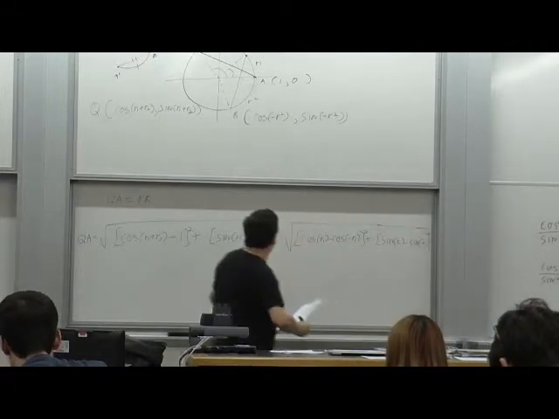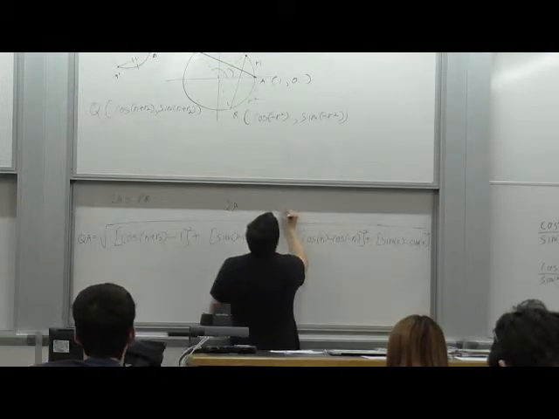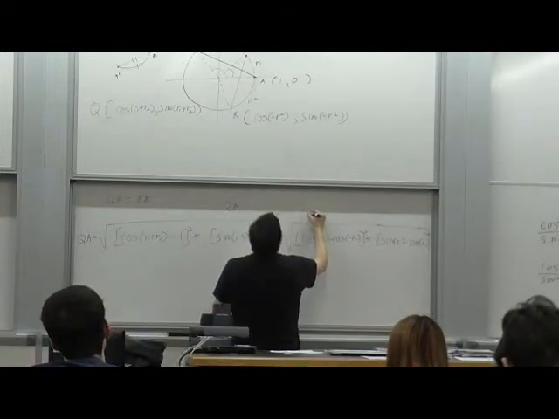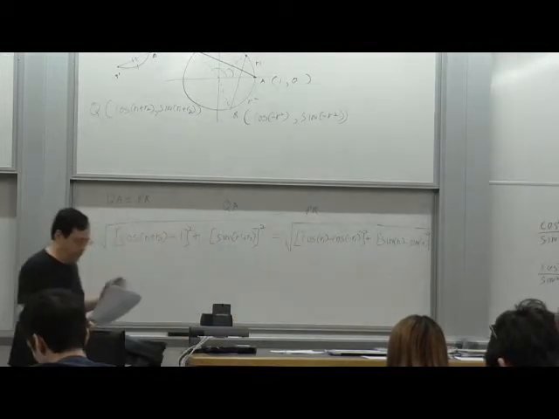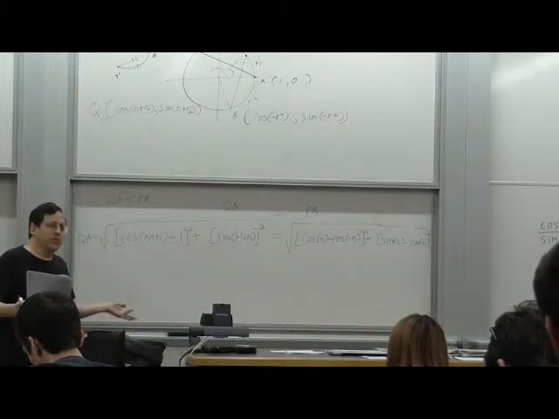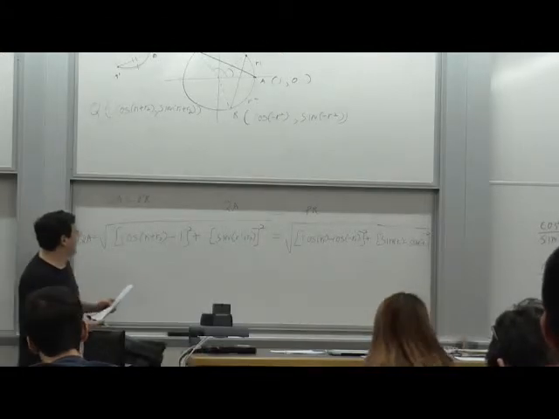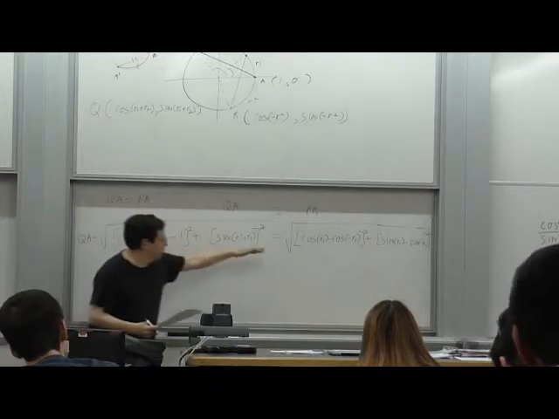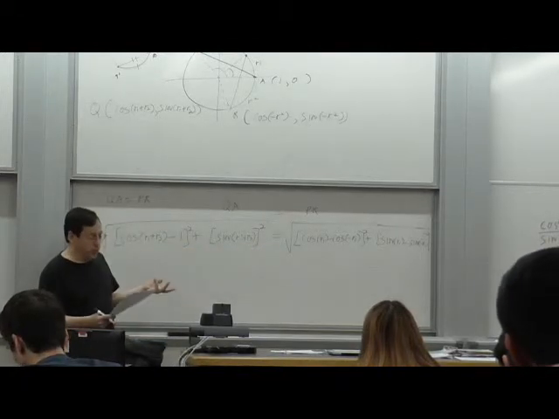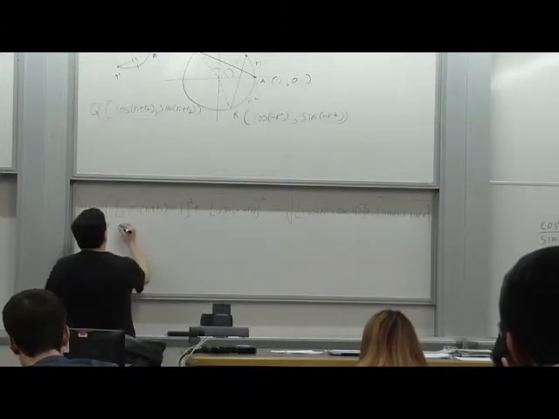All I'm saying here is QA is equal in distance to PR. From here on, it's a little complicated, and then you simplify. So what am I going to do when I have the square root of this equal to the square root of that? I'm going to square both sides. No big deal. That's pretty simple.